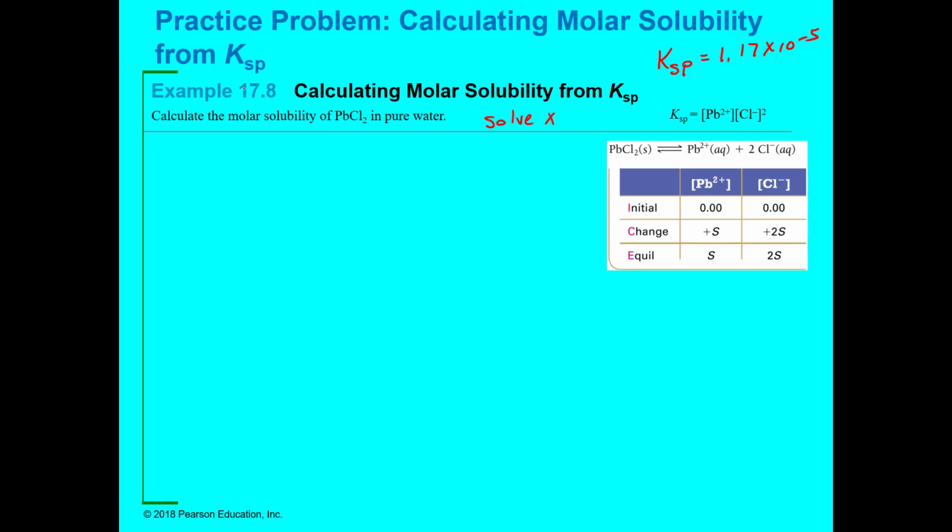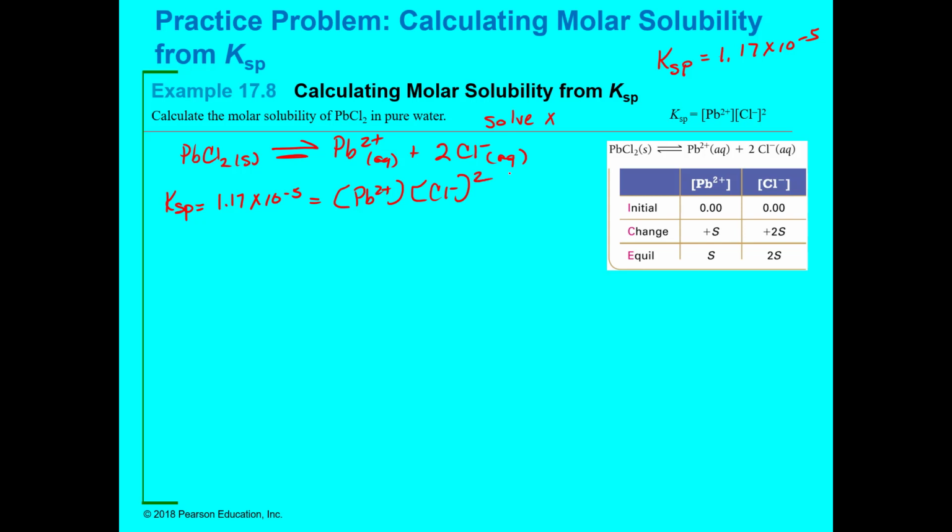So I have lead chloride solid in equilibrium with lead 2 plus aqueous plus 2 Cl minus aqueous. My KSP is equal to 1.17 times 10 to the minus 5, which is equal to the lead times the chloride squared.